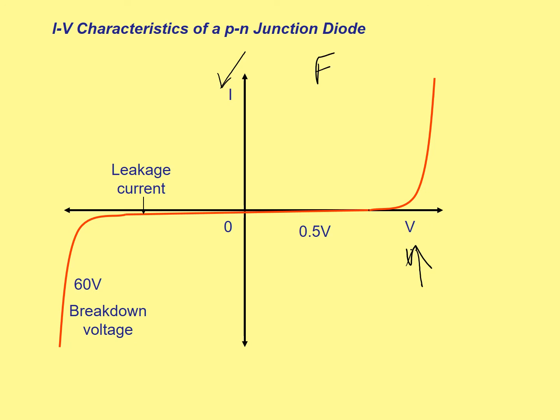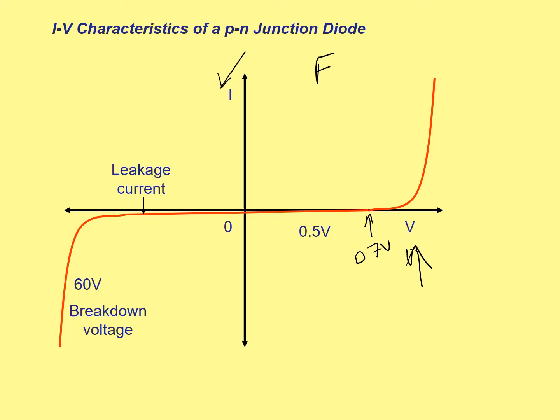We can see that there's not a great deal of conduction happening between 0 up to 0.5 volts. However, as soon as we hit that 0.7 volts, which is the normal level of our potential barrier, we have a large amount of conduction taking place. So the diode will conduct in forward bias, but only if we've reached a certain level of potential.